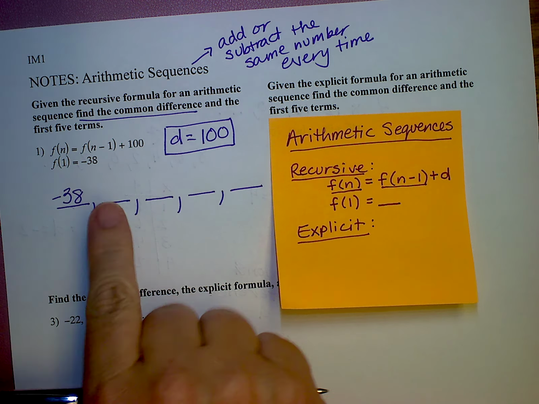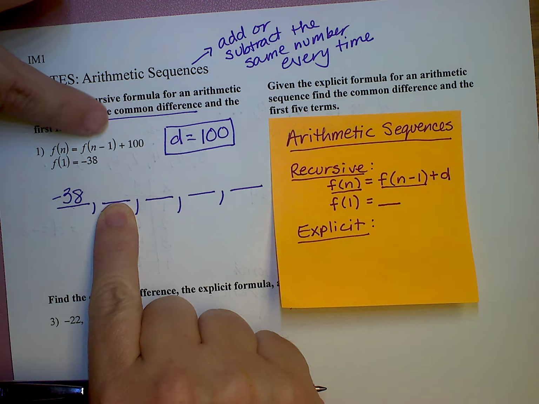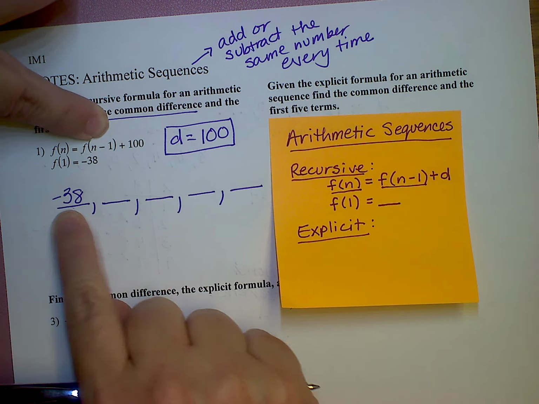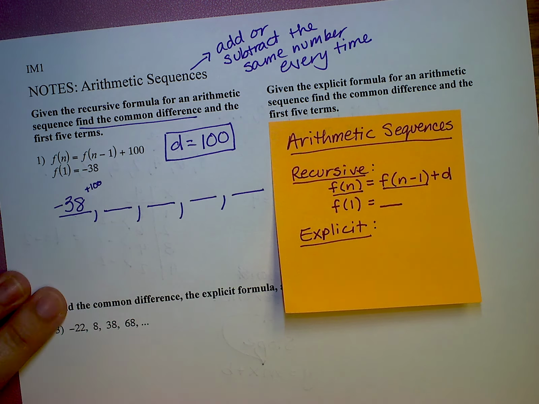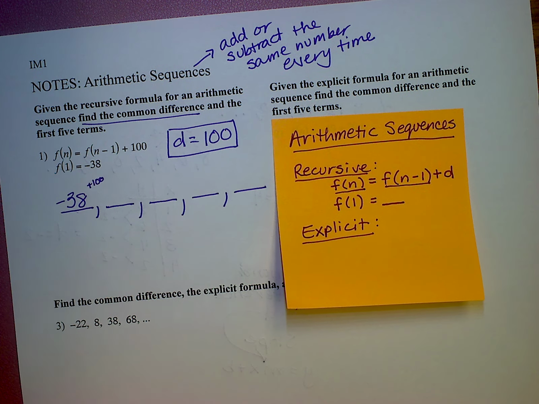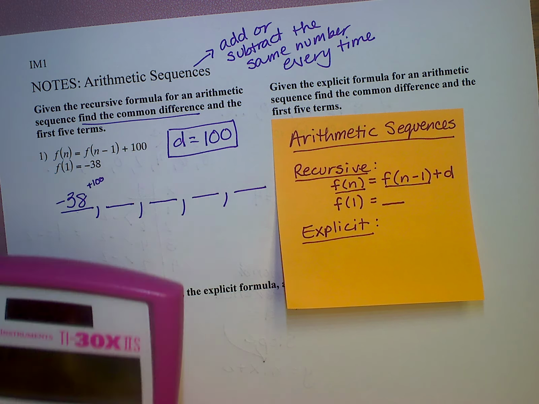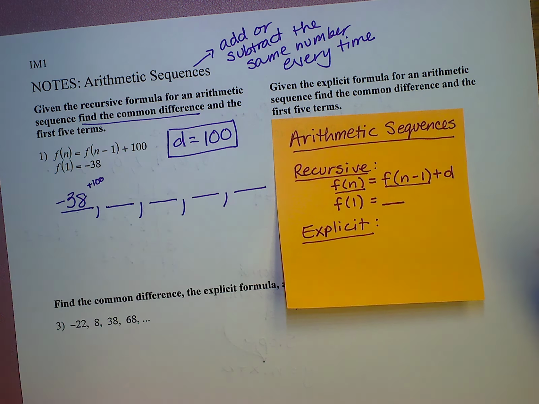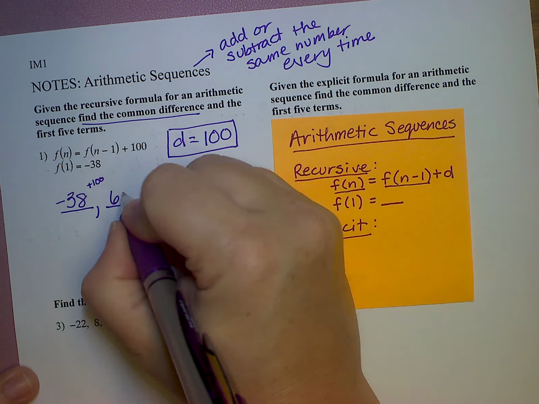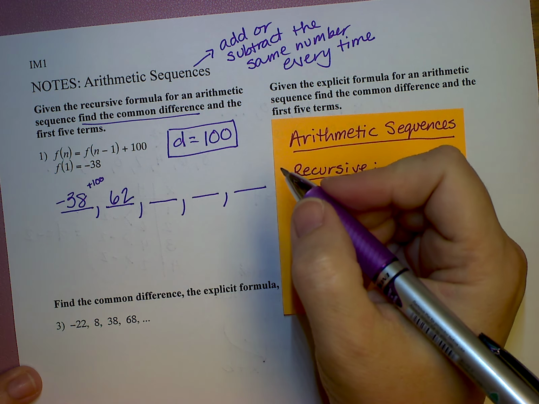I can say, okay, if I want to find this one, now is equal to the previous plus 100. So what is negative 38 plus 100? 62. And then that common difference says I just keep adding it.